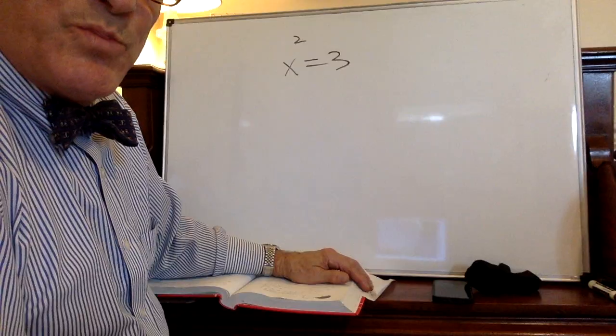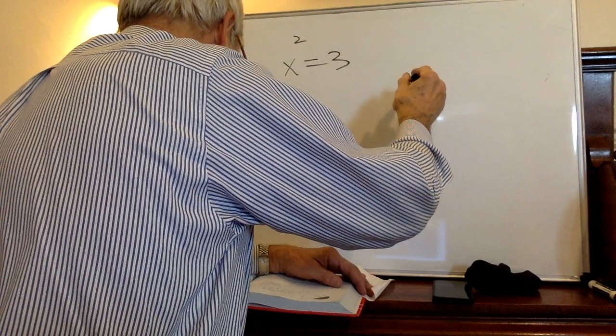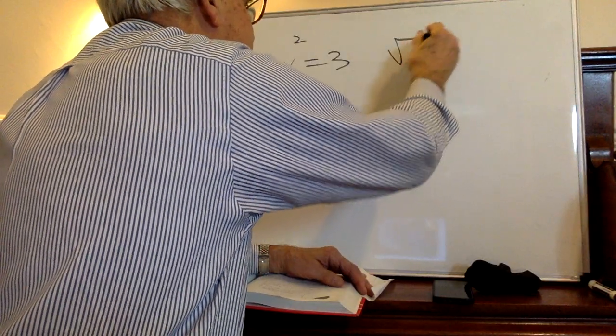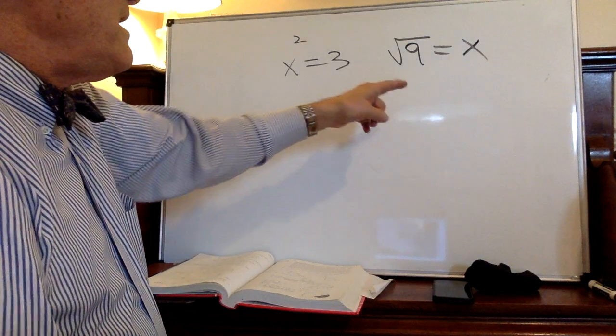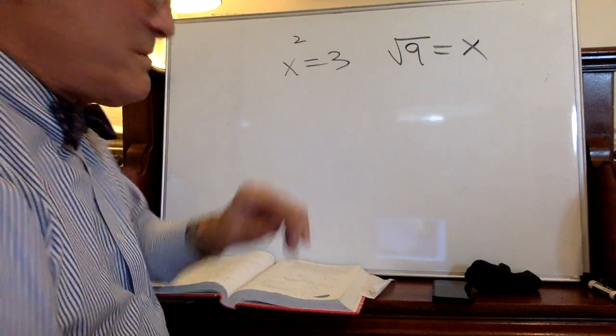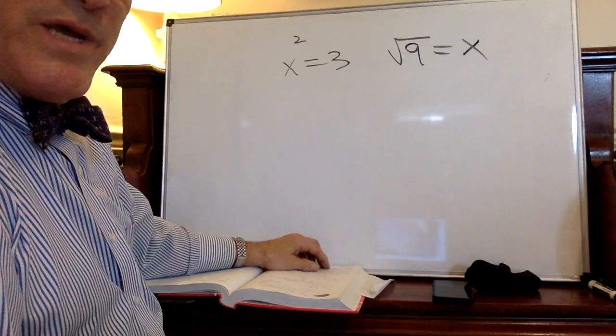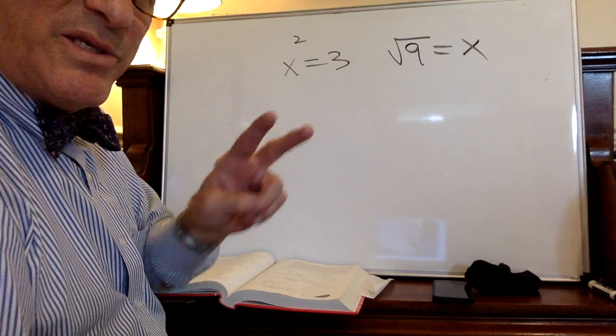If I gave you this problem as opposed to this, these are two very, very different problems. This is a quadratic equation. I have a variable raised to the second power.